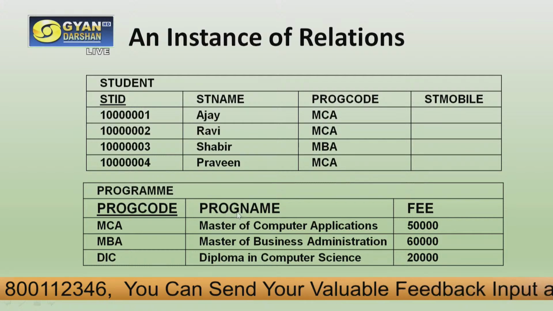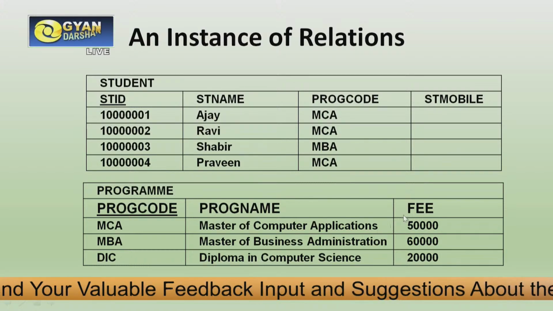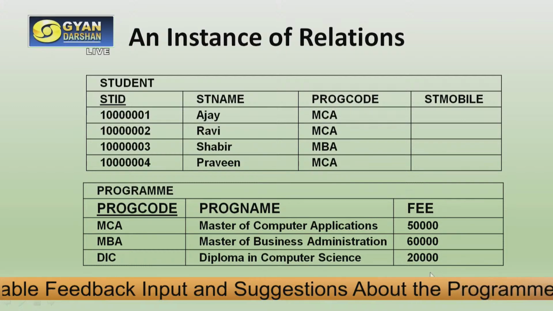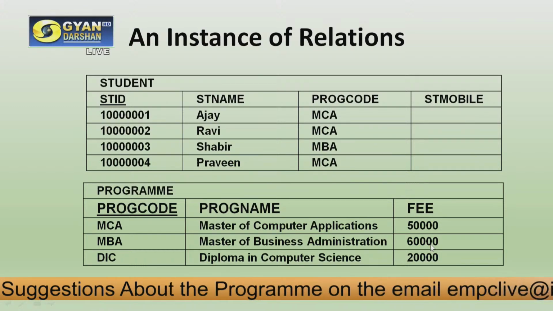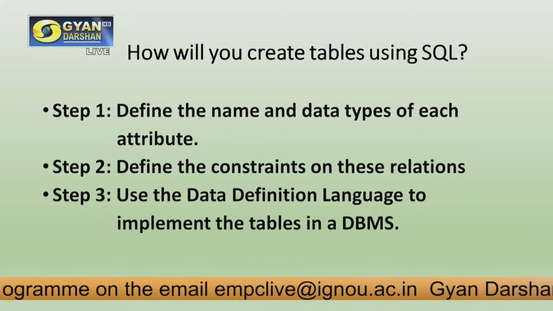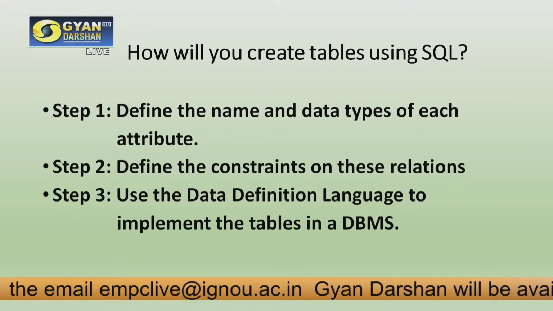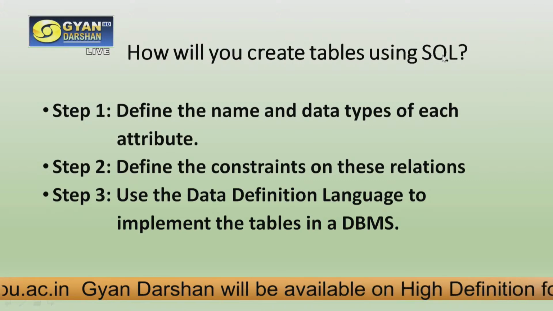Then the program names are listed over here, and then you have the fee field listed. So this happens to be an instance. So if I want to create these tables, how will you create them using SQL?